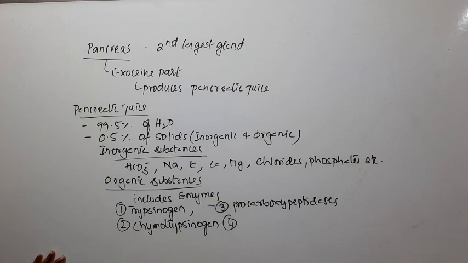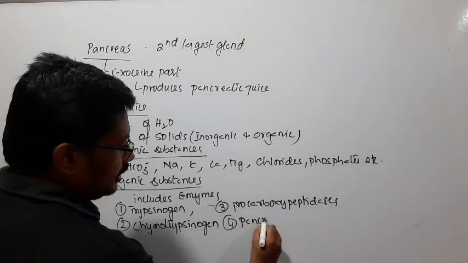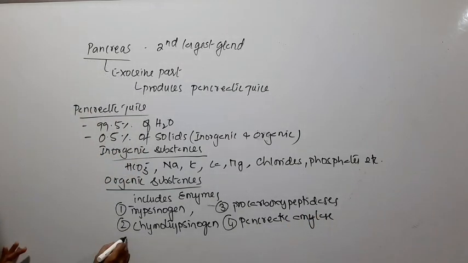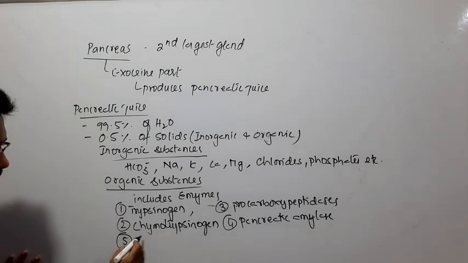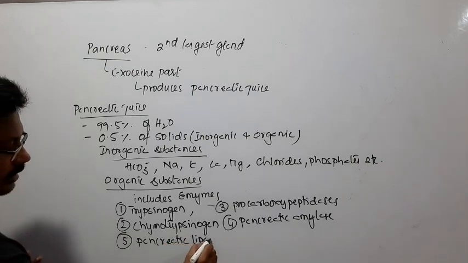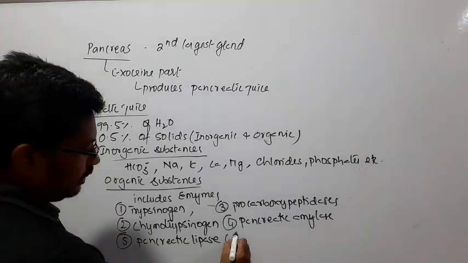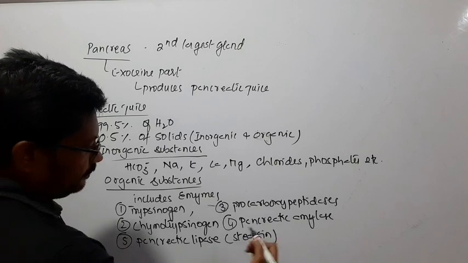Procarboxypeptidase is an inactive enzyme. Then we have pancreatic amylase, and another one, the pancreatic lipase, which we also call steapsin.